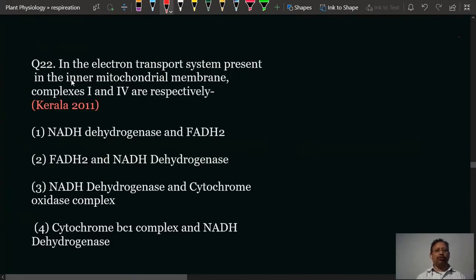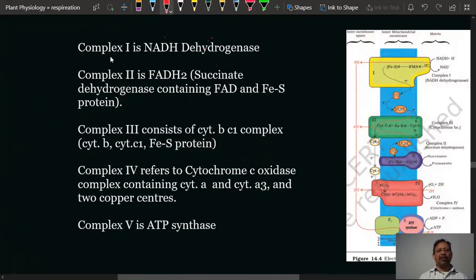Question number 22. In the electron transport system present in the inner mitochondrial membrane, the complex 1 and 4 are respectively, this is option number 3, NADH dehydrogenase and cytochrome oxidase complex. Complex 1 is NADH dehydrogenase, complex 2 consists of FADH2 and it contains FAD and iron sulfur protein.